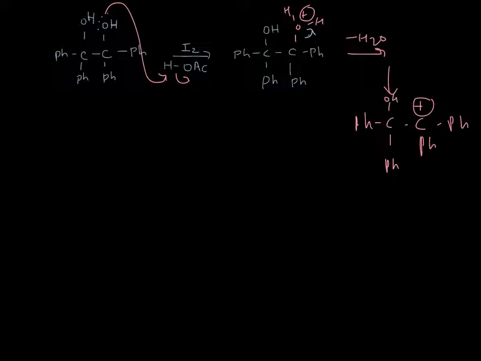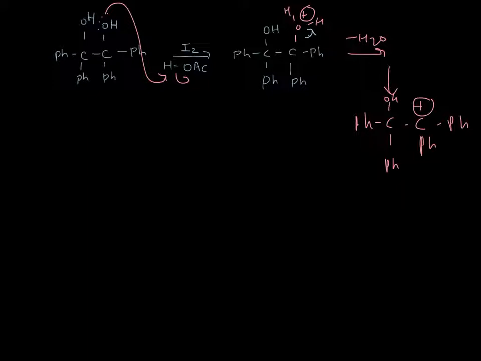Okay, now what you want to keep in mind is that even though this is a tertiary carbocation, it could form an even better carbocation, which is a resonance stabilized tertiary carbocation.